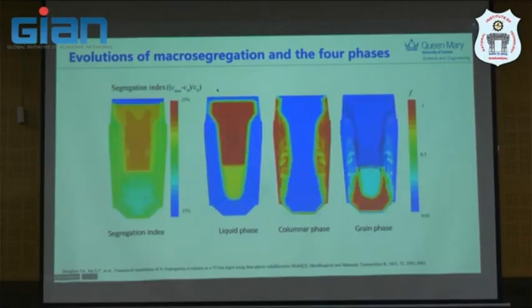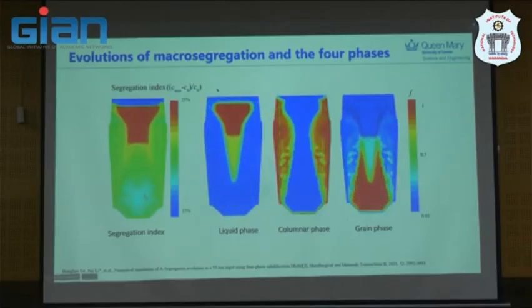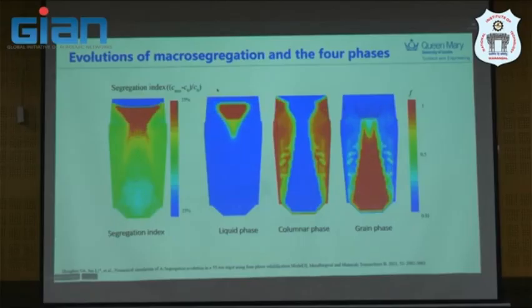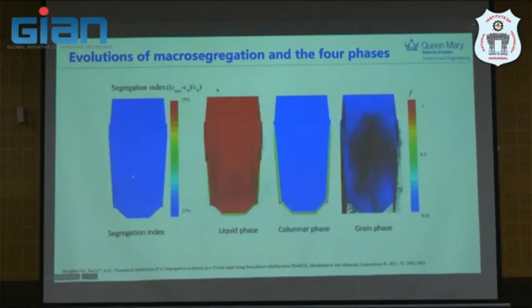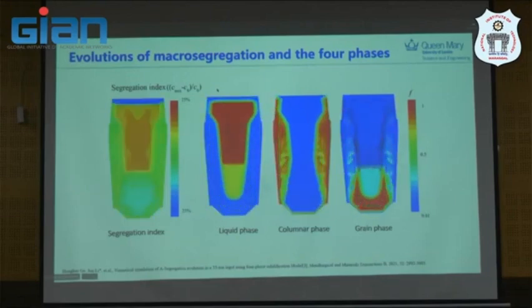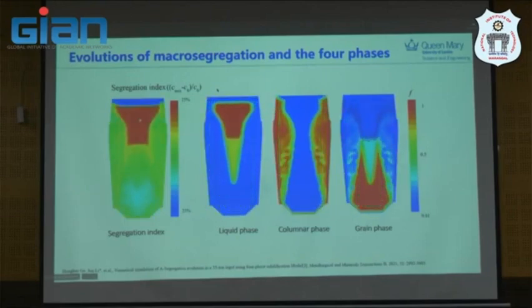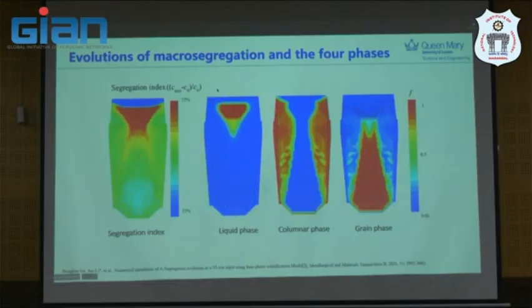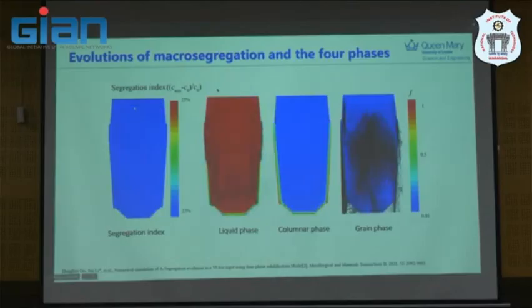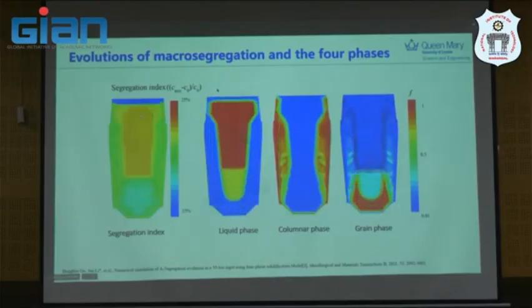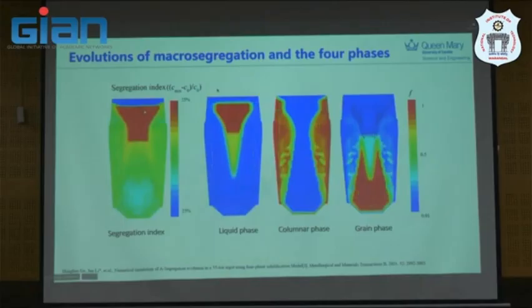So the concentration of carbon in the liquid phase increases during solidification, and finally in the top area the concentration of carbon is very high, finally forming a positive macrosegregation.